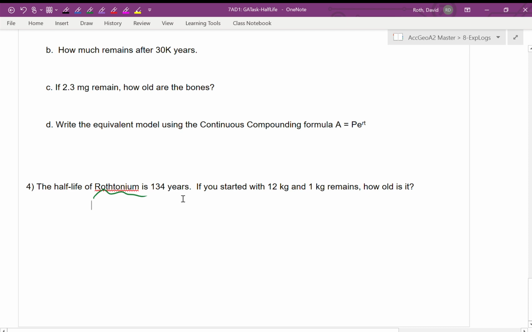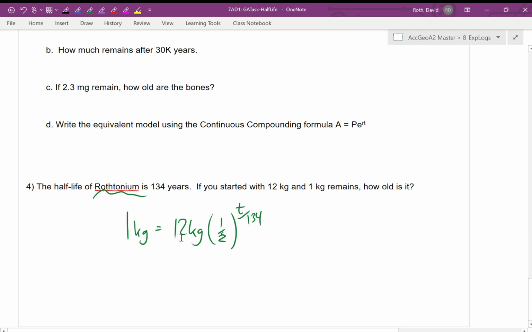Okay. Hopefully you said, well, I got 1 kilogram. I started with 12 kilograms. And what happened was I took my half to the number of half-lives power. The number of half-lives would be t over 134. Because if it was 134 years old exactly, that'd be 1 half-life, so it'd be 6 kilograms.